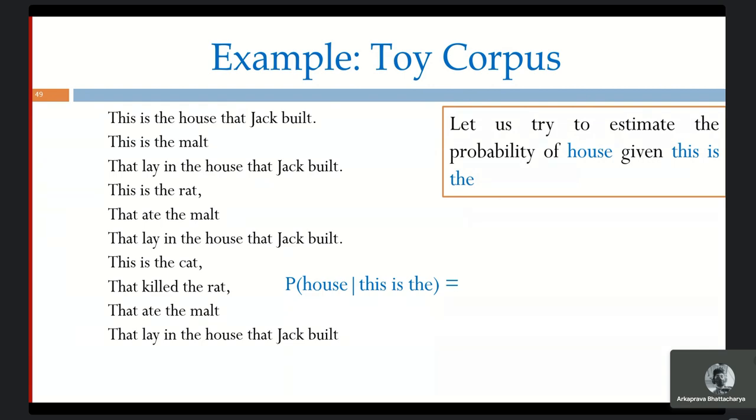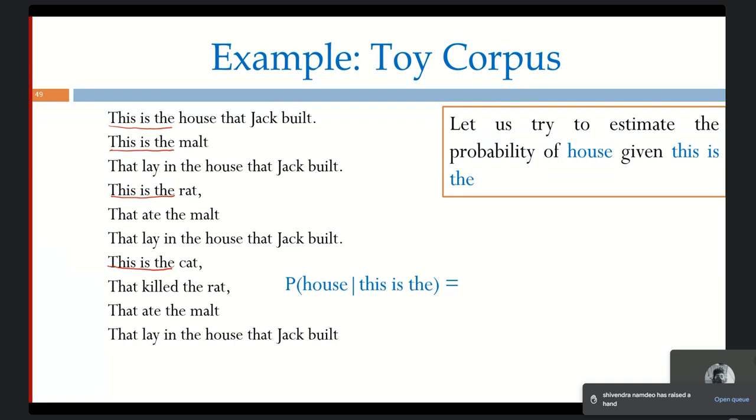So what would be the probability of this with respect to the given corpus? How many fragments can you find? This is the, this is the, this is the, this is the. So how many do you have? Four. You have four "this is the".